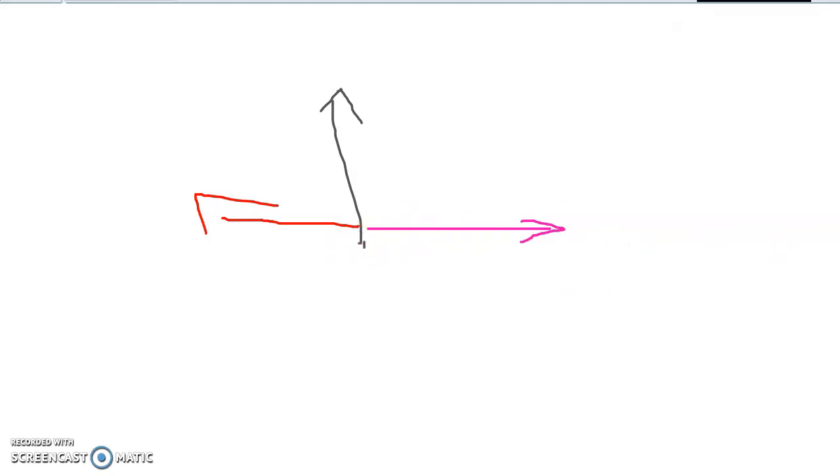Two shades of blue. Okay, so this is north because when we're looking at a paper, the north always is up.